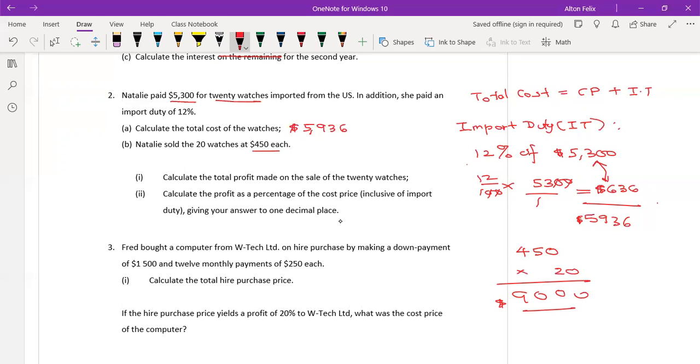So let's work that out. 9,000 minus 5,936, 3,064. That's a lot of profit. That's not bad at all.